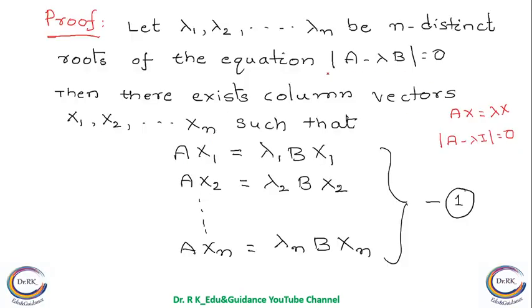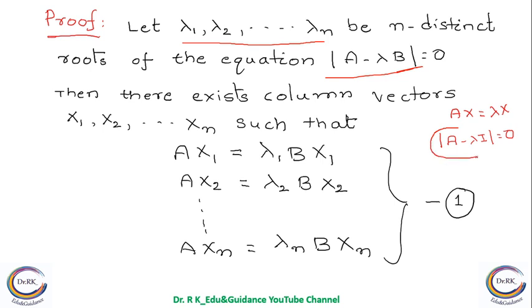Now let us assume lambda 1, lambda 2, so on lambda n are n distinct roots of this equation, det of A minus lambda B equal to 0.